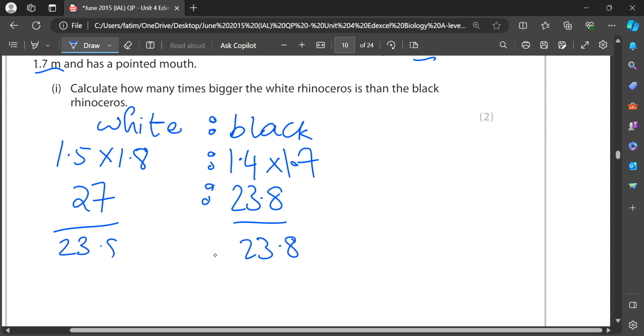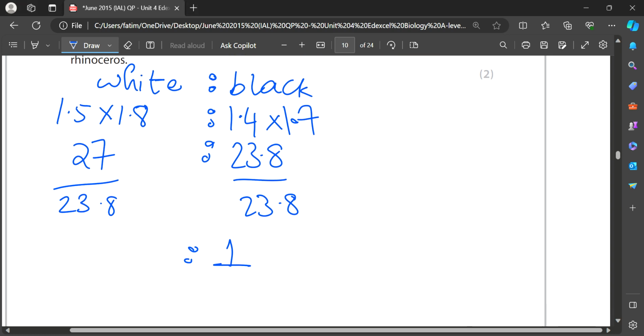And over here we get 1, obviously. And over here, if we put it in a calculator, let me just do that. So we have 27 divided by 23.8, which gives us approximately 1.13.